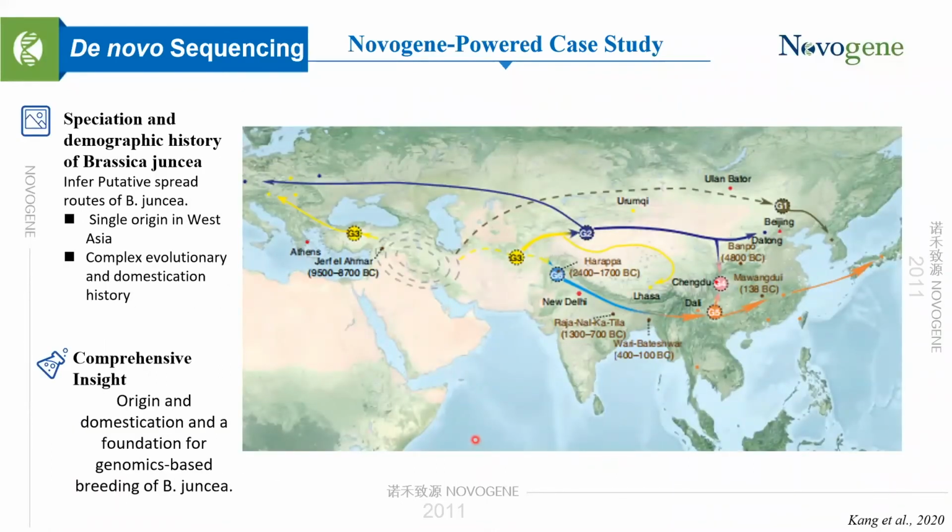By leveraging a variety of advanced analyses of population structure, GWAS analysis, and selective sweep analysis, etc., they also managed to determine its single origin in West Asia about 8,000 to 14,000 years ago, and by natural interspecific hybridization, and inferred the putative spread route of it, which is shown here.